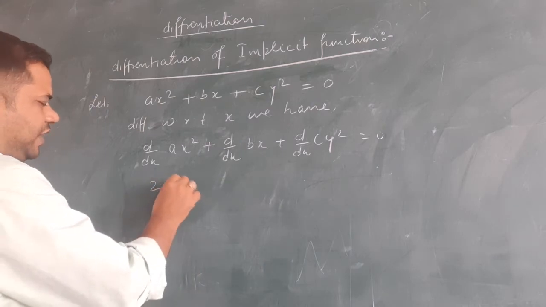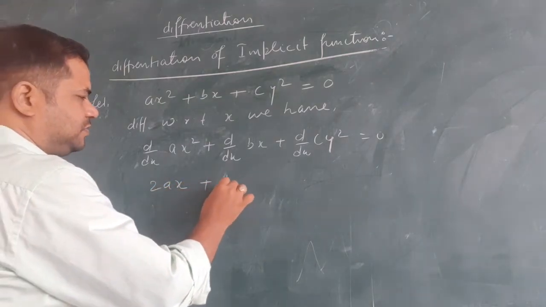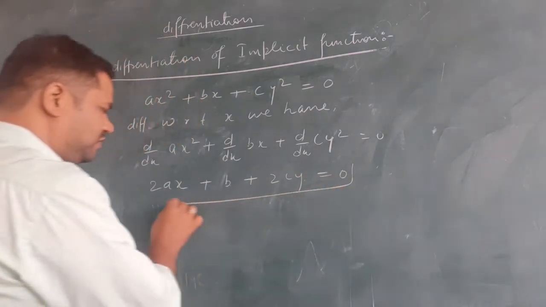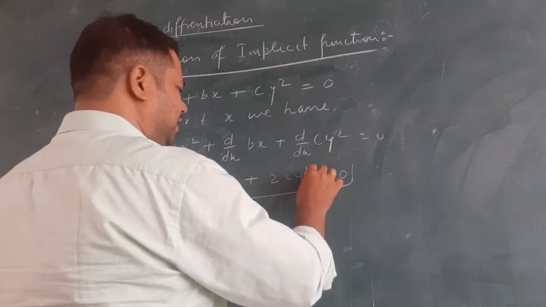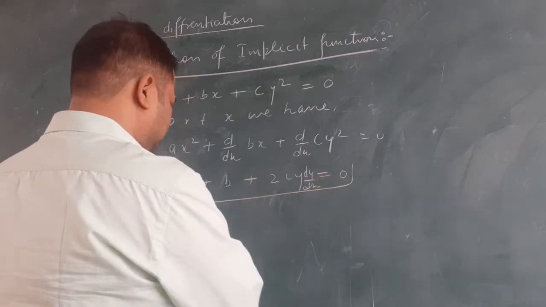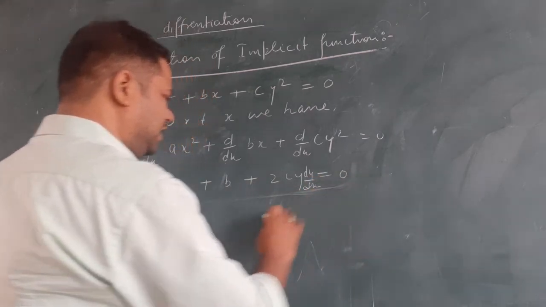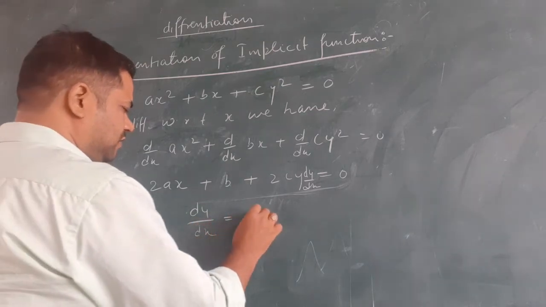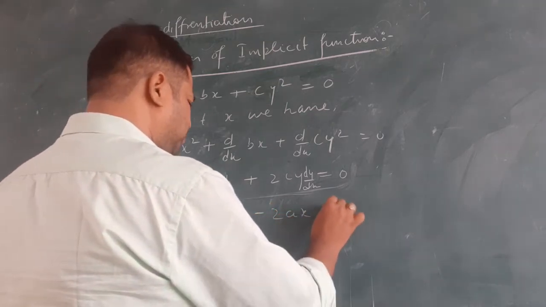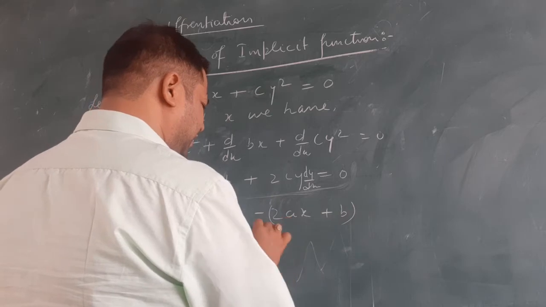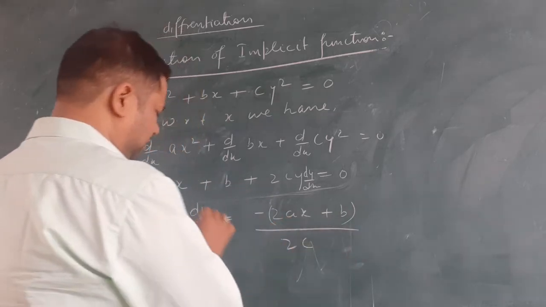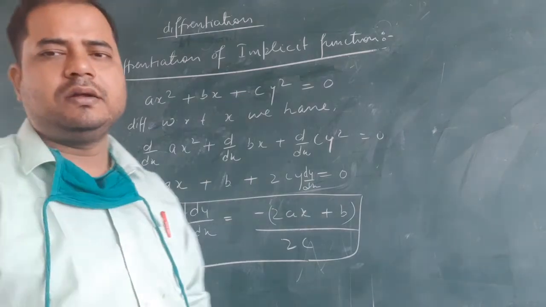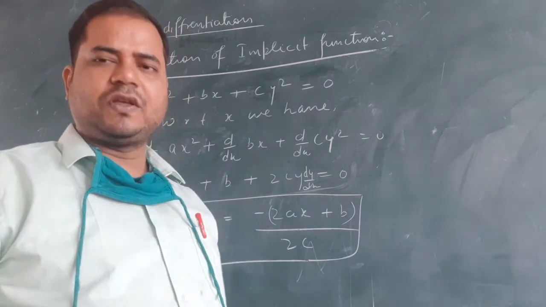Now this is 2ax plus b plus 2cy dy by dx, this is equal to 0. So what is the value of dy by dx here? Dy by dx is nothing but minus (2ax plus b) divided by 2cy. This is the value of dy by dx. Okay, so note it down.